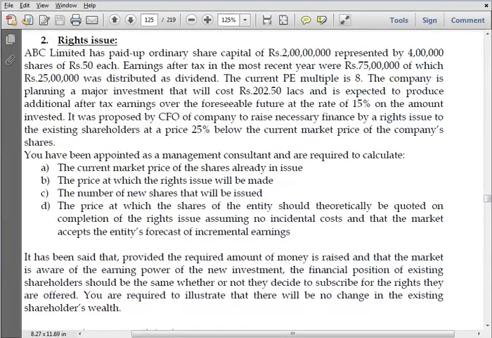Question number 2. Point number A, current market price equals EPS into P/E multiple.